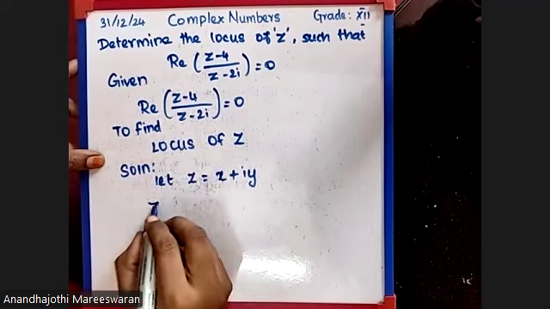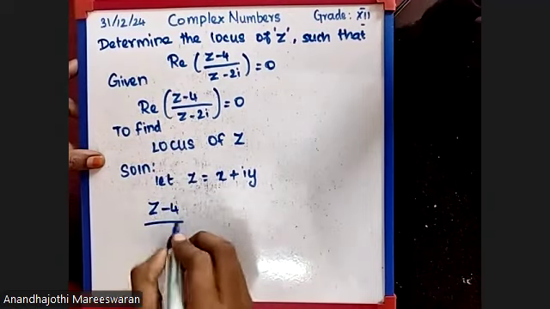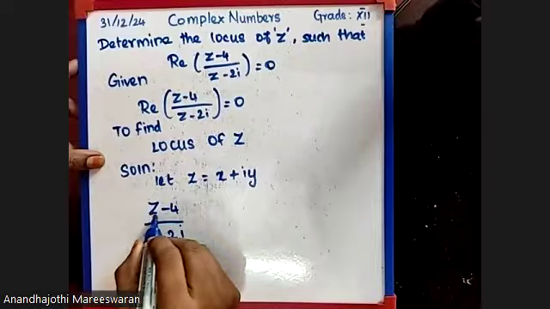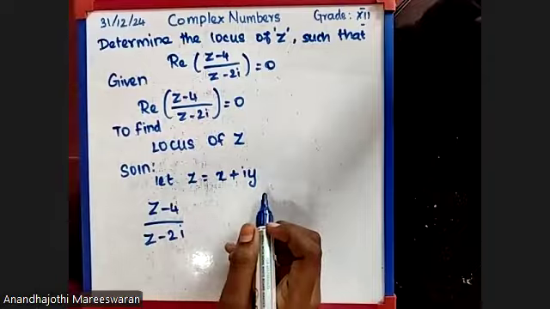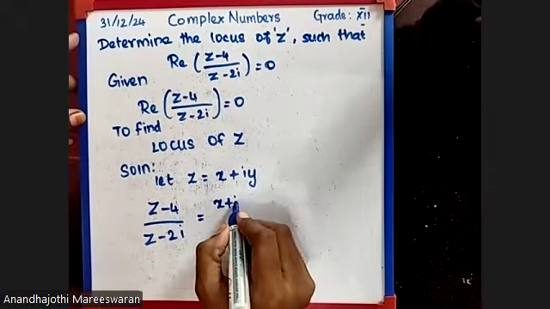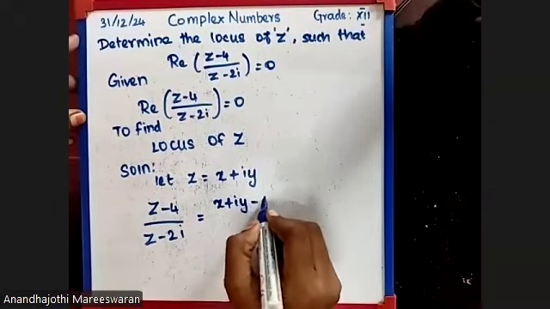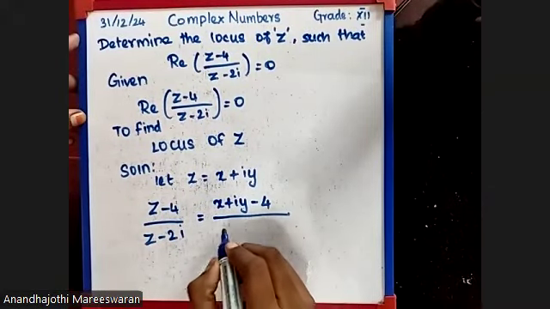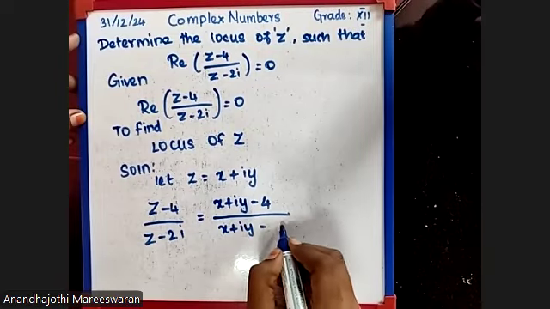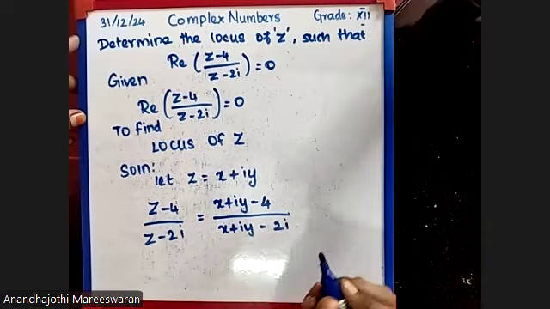I take (z minus 4) divided by (z minus 2i), and replace z with x plus iy. So (x plus iy minus 4) divided by (x plus iy minus 2i).